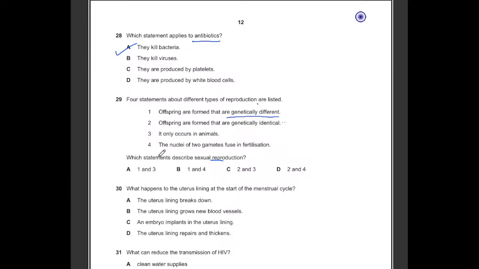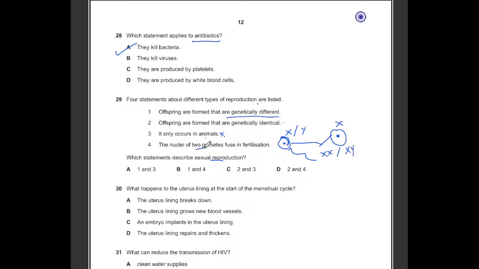So happening in the, it occurs only in animals? No. It also happens in flowers, sexual reproduction, right? So this is also not correct. Okay, so the sperm carries either an X chromosome or a Y chromosome, and the ovum is only X. So the nuclei of these 2 will fuse together to form either an XX individual or an XY individual, right?